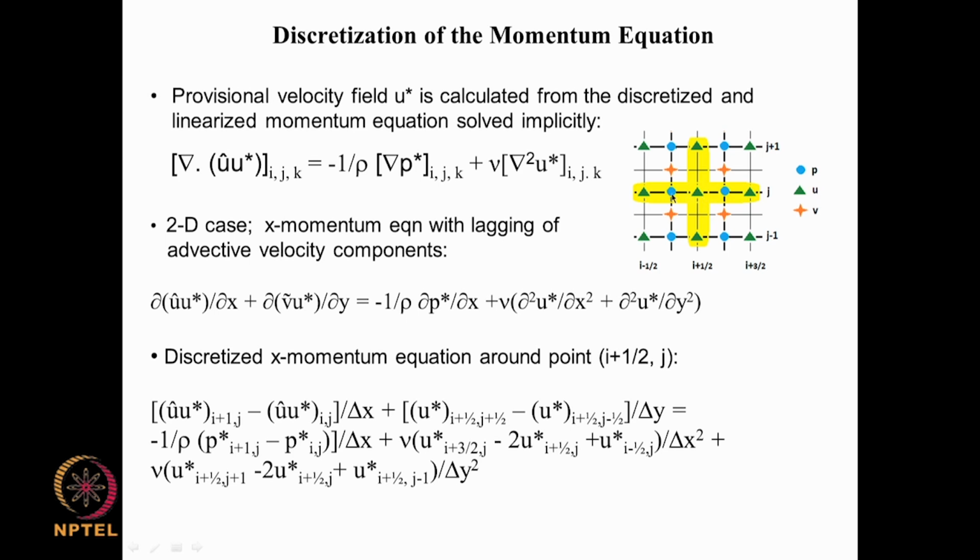and so we notice that pressure is evaluated at half distance in the x direction here, and it is not evaluated at these points here, it is evaluated in the y direction and only displaced by these points.